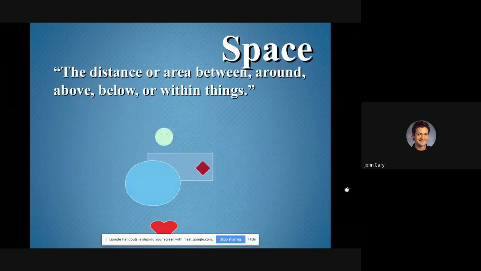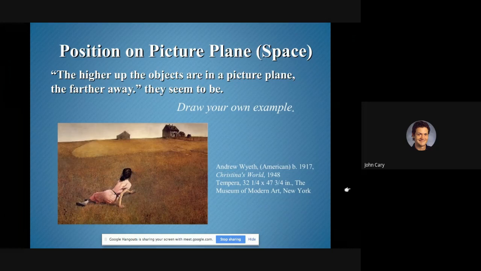Space is the distance between, around, above, below, or within things. Oh, it's basically everything, right? Where on the picture plane? When you're lower on the picture plane, things tend to get bigger because of perspective. When you go closer to the horizon line, they get smaller.